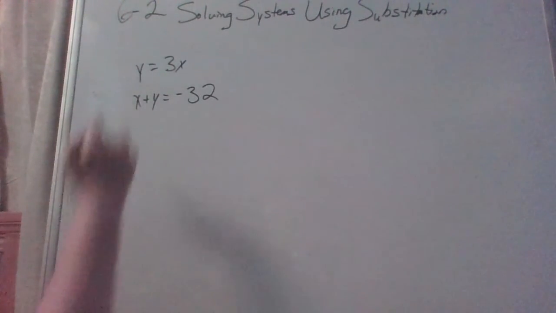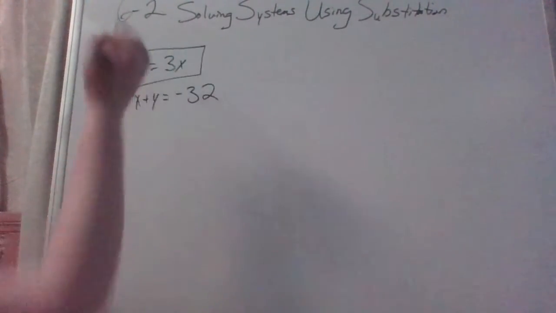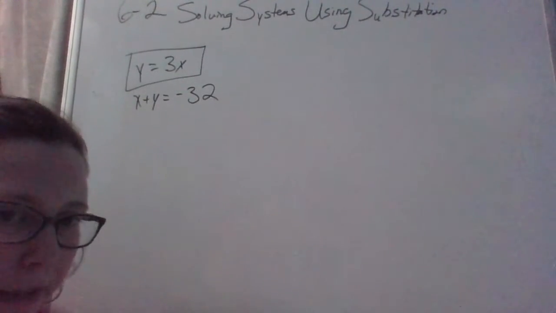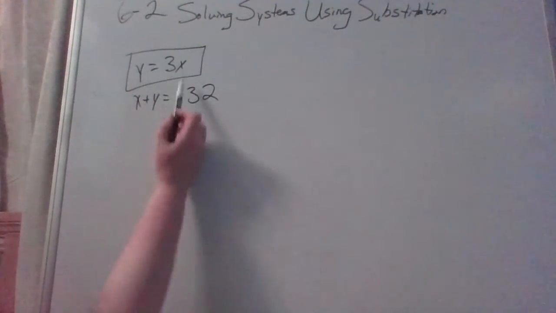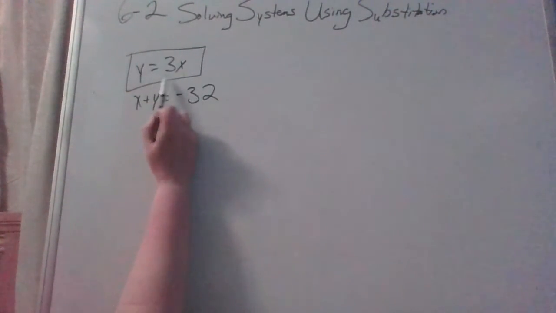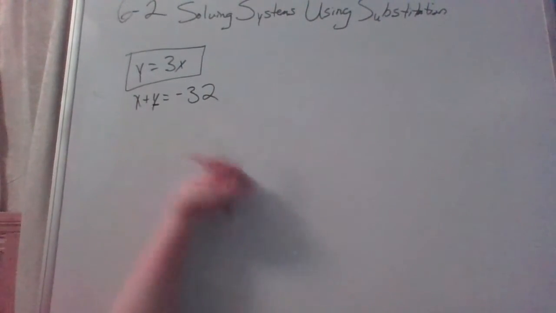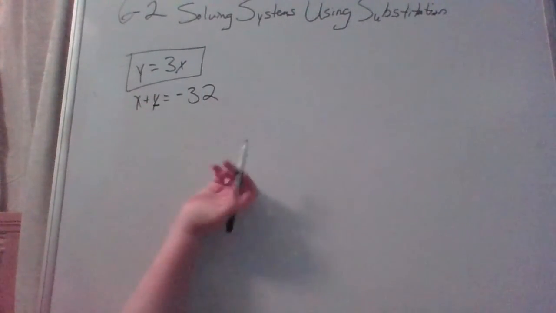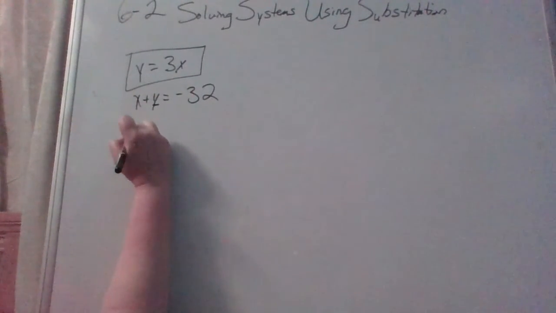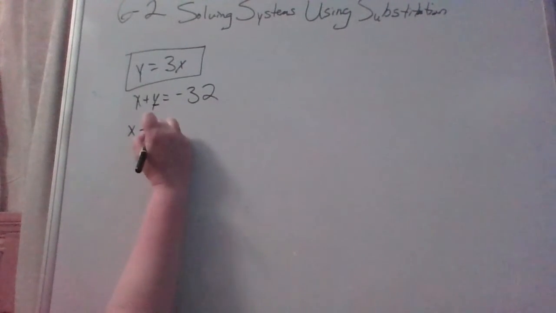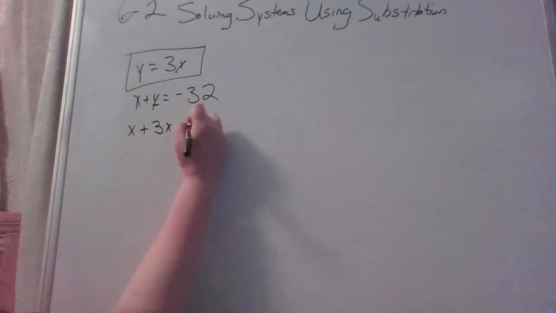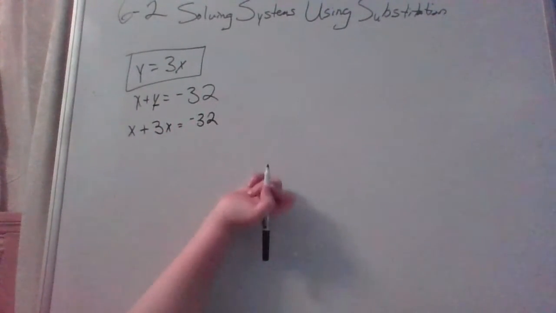If that happens, like right here, then we already know what y equals. So y actually equals 3 times x. Where y is here, we're going to substitute in 3x. So we can say x plus 3x equals negative 32.